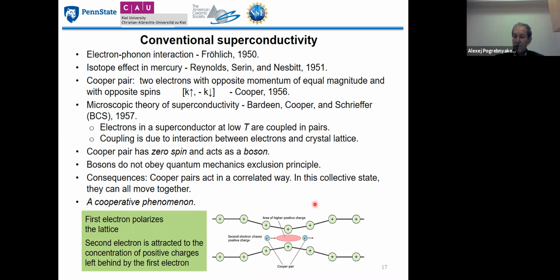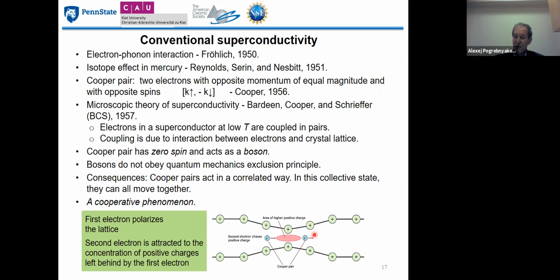A very crude way to imagine why electrons in a lattice form Cooper pairs is to consider one electron that moves along ordered rows of ions.